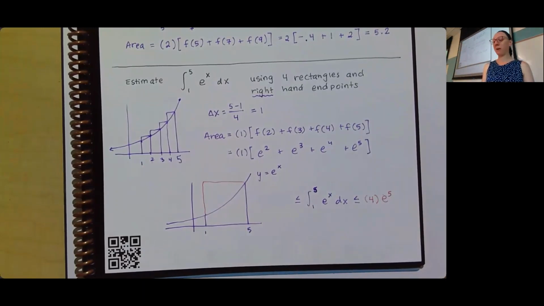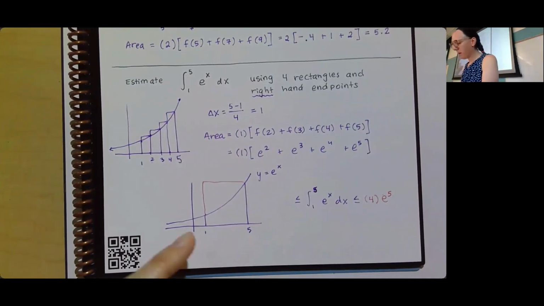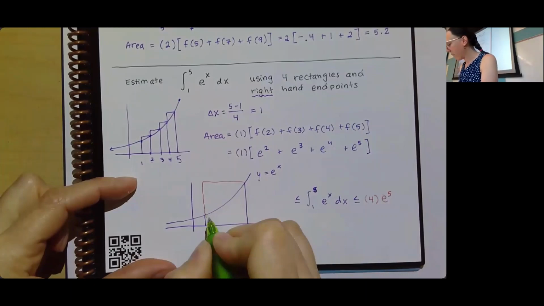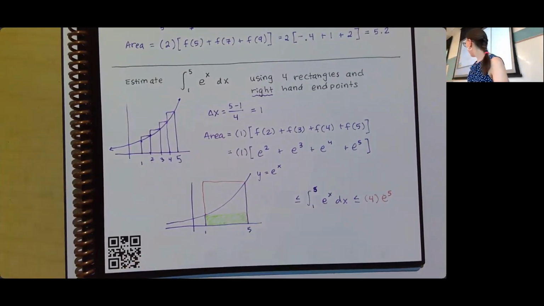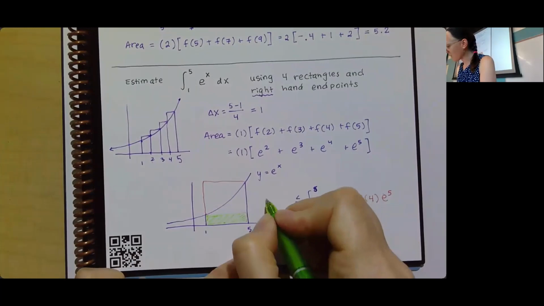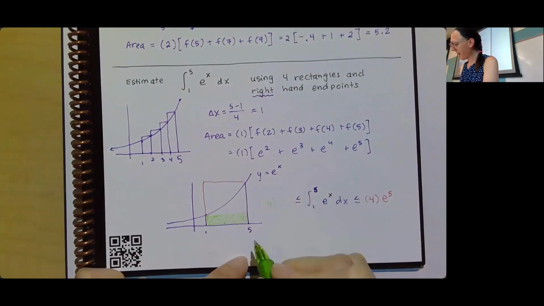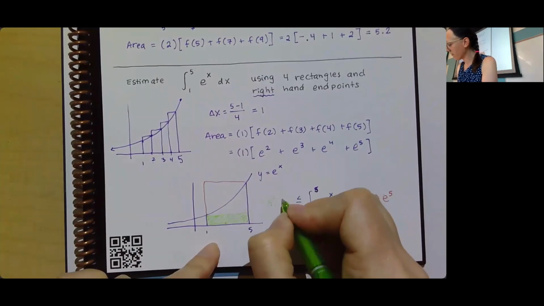Again, if I didn't care about a particularly accurate estimate, I could then say, well, I know the integral I'm looking for is sure to be bigger than using one rectangle and picking the lowest height on the function. So if I pick the lowest height of the function from 1 to 5, that's going to happen at 1. And if I draw in this little baby rectangle down here, it again has a width of 4 and a height that we get by plugging 1 into the function.